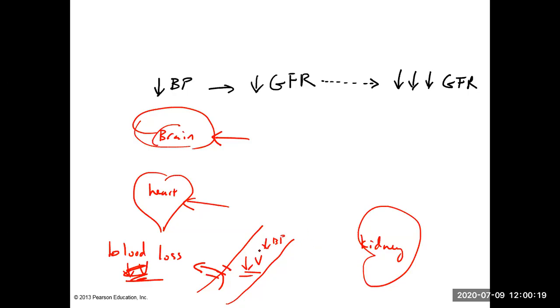Do you actually want to bring this blood pressure high going into the kidneys? Because if you do that, then what's going to happen? Remember, you have a set amount of blood and you have a blood loss. Then there will be less for the heart and less for the brain. Yes, let's say that your kidneys are saved. What are you going to do if your brain is no longer working? That doesn't make sense.